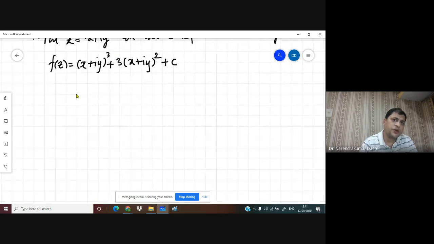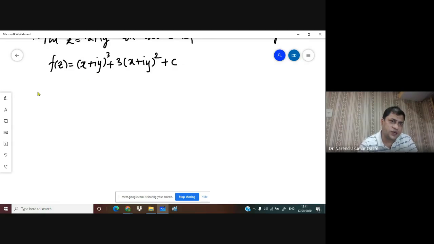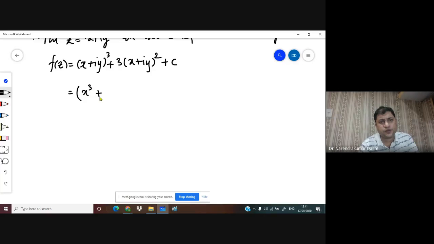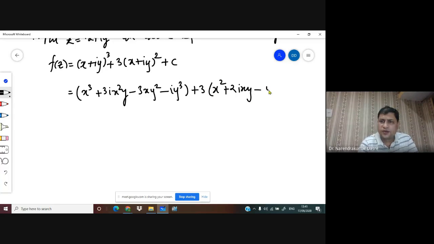Now we know (x plus iy) cube, like (a plus b) cube, and (a plus b) square, and hence we are able to simplify this. The first bracket gives x cube plus 3i x square y minus 3x y square minus i y cube, plus 3 times x square plus 2i xy minus y square, plus c.